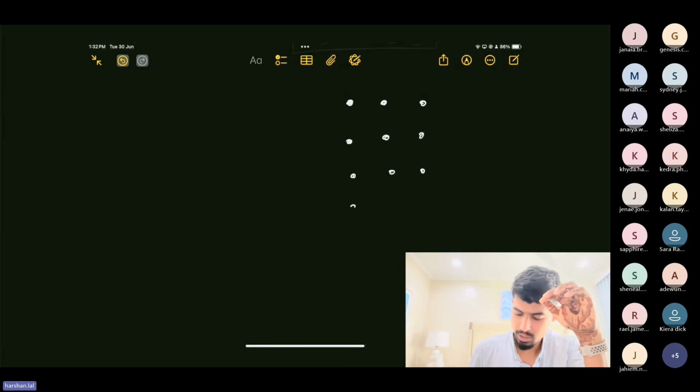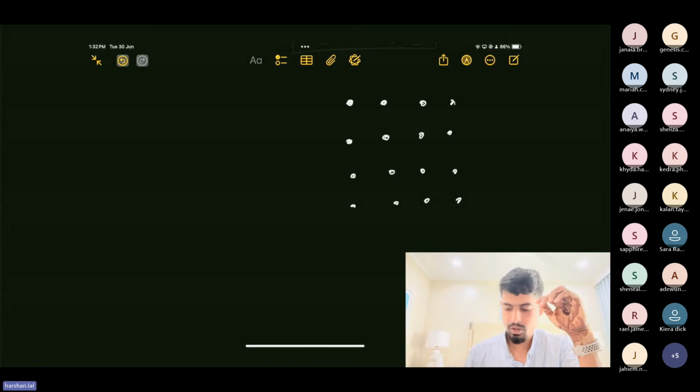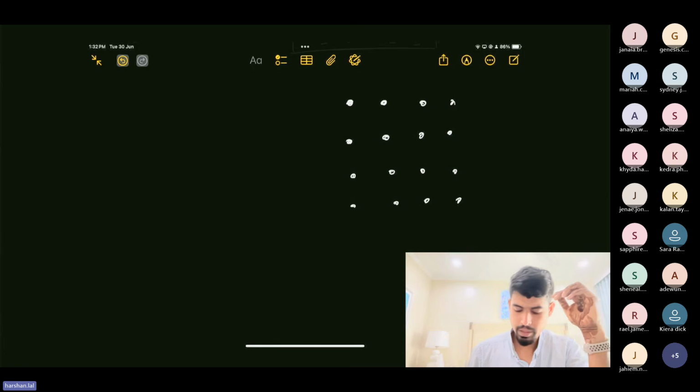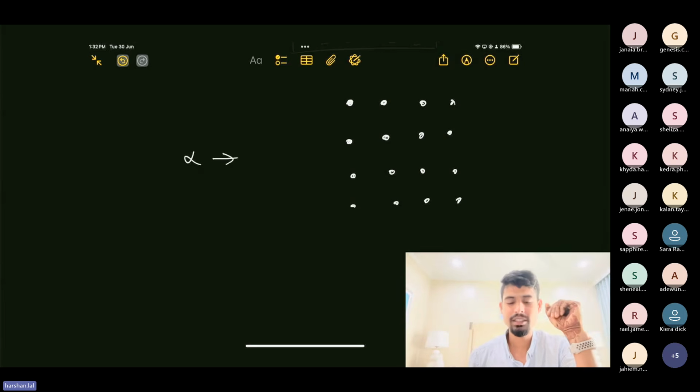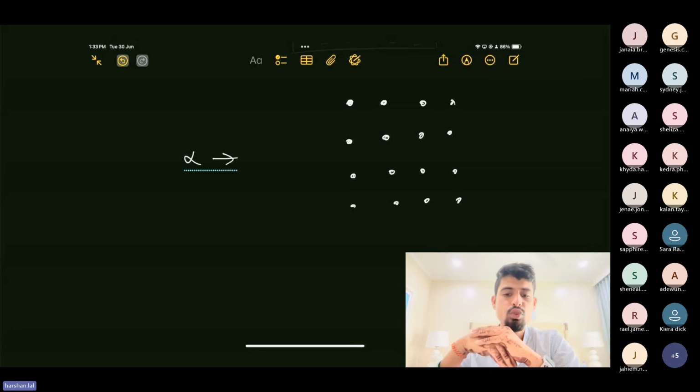Now let's draw another rule. Right. So if we have an alpha source, alpha particle directed towards the magnetic field, how do we determine what direction the particles move? What rule do we use to determine this?